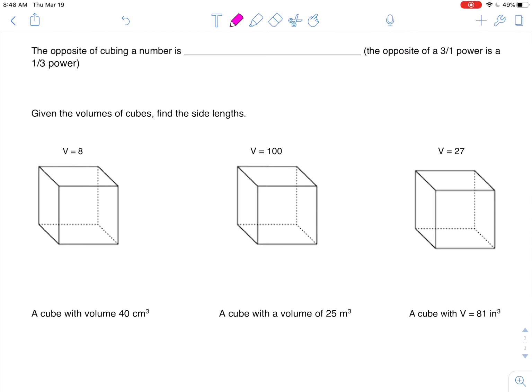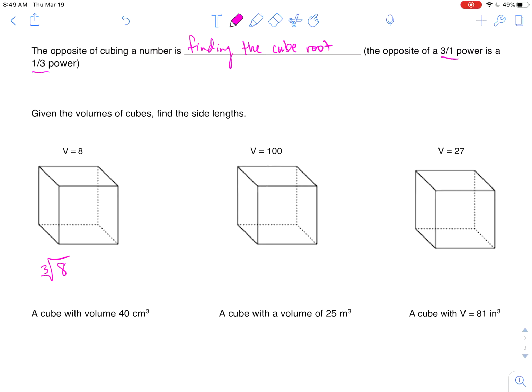Now let's go the opposite direction. Instead of cubing a number, the opposite of cubing a number is cube rooting a number. We're finding the cube root. So the opposite of taking something to the third power is taking it to the 1/3 power, or finding that cube root. So here we're given the volume is 8.